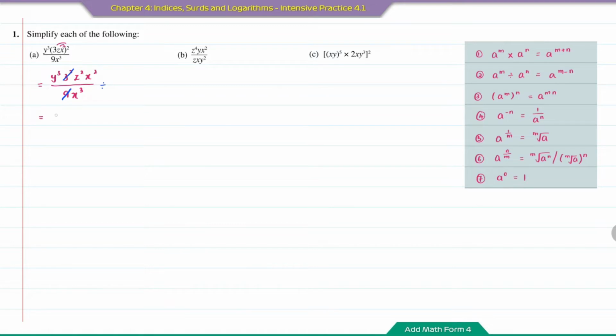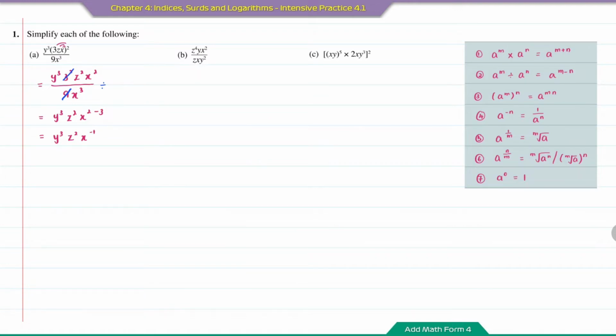Therefore next, y cubed will just be y cubed because you have nothing to minus with. Then for the z squared, and for the x it will be 2 minus 3. So the x here will have a power of -1.